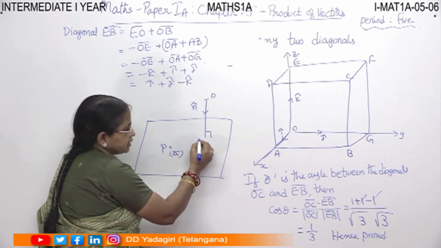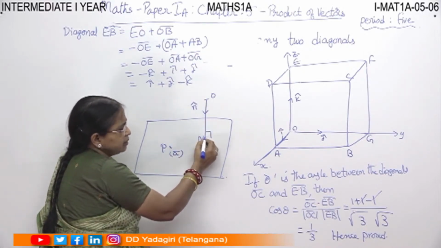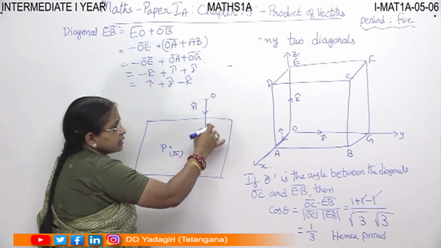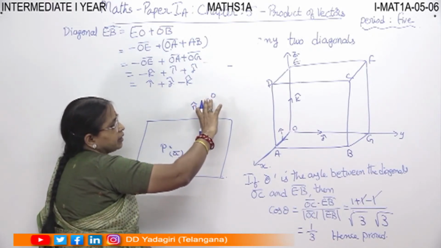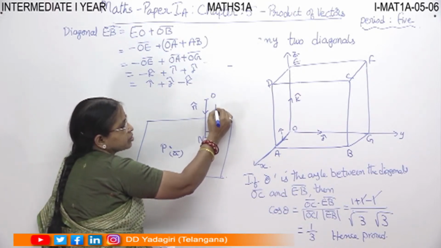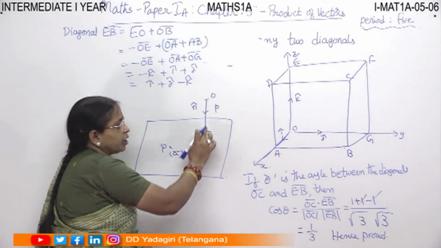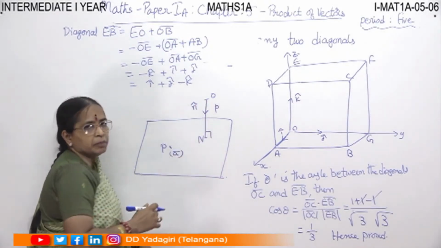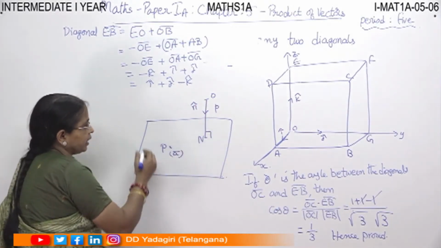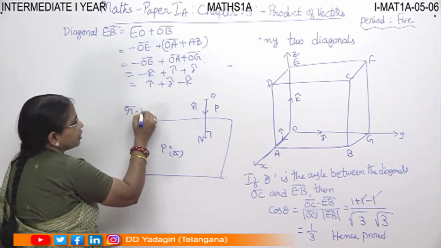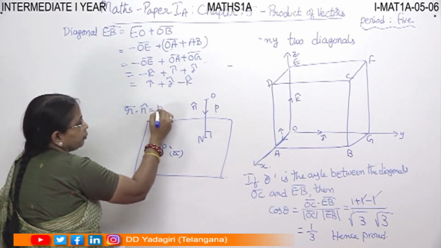And then suppose that this is some capital N, this point. Now the length of this perpendicular is small p. So the length of the perpendicular from the origin to the plane is small p. Then the equation of the plane is given by r dot n cap is equal to p.